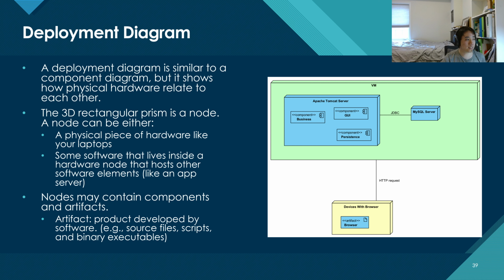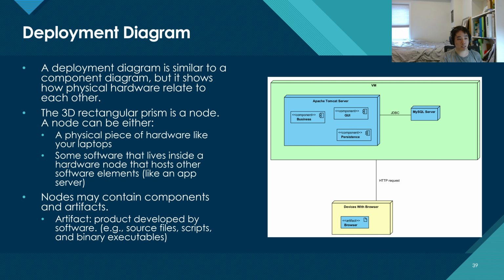In the example on the right, we have an Apache Tomcat server hosting the n-tier architecture app, and this server will interact with the MySQL server using the Java database connection library, JDBC. The JDBC will be responsible for sending queries to the MySQL server in order to manipulate data. Okay?